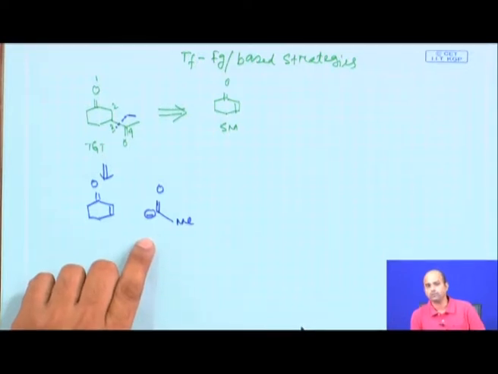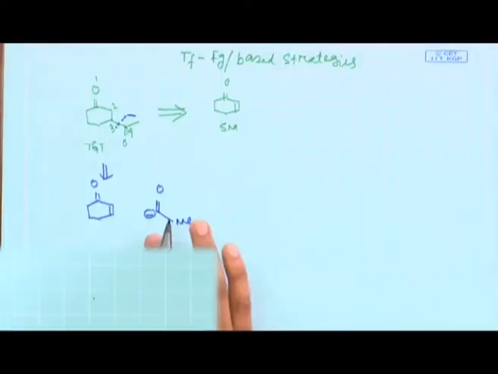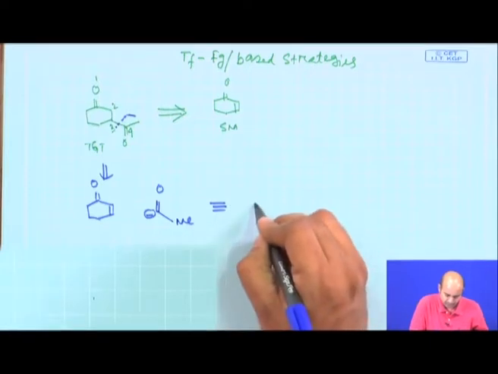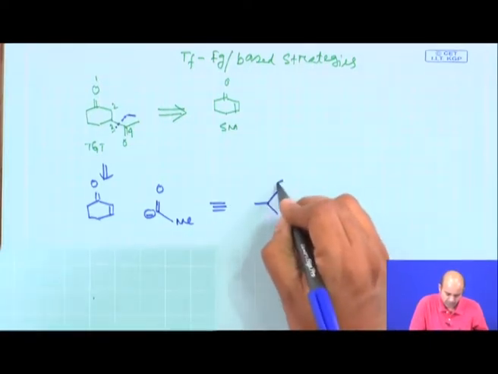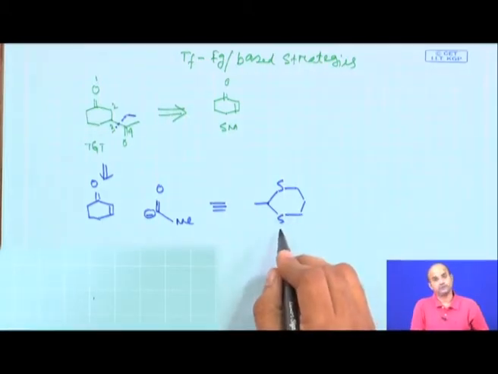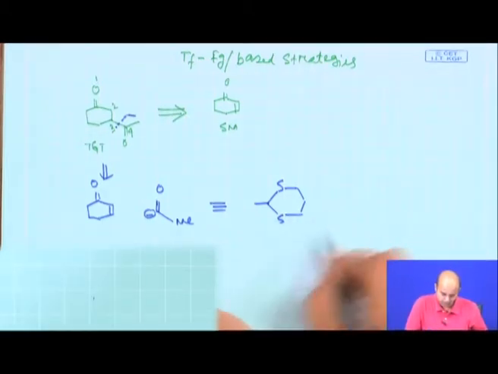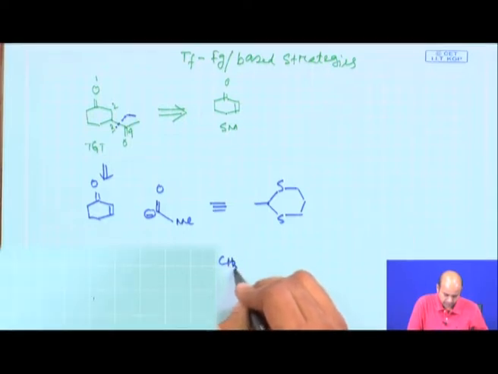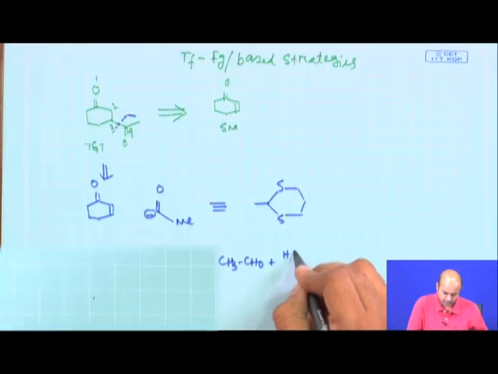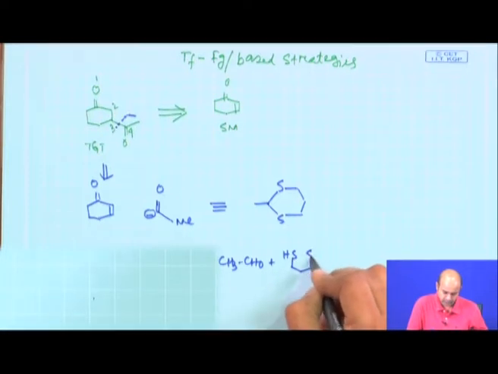It is a D1 species. Now, as we discussed, this species can be easily generated from 1,3-dithiane chemistry of acetaldehyde. So, what you do? You take acetaldehyde, react with 1,3-dithiane, you will get this one, fine.